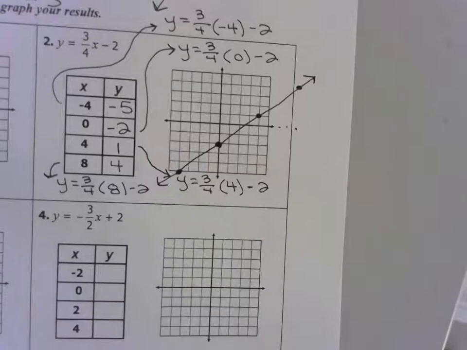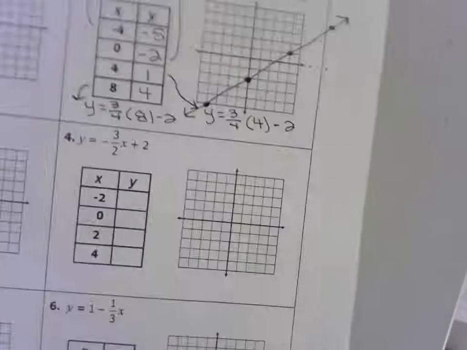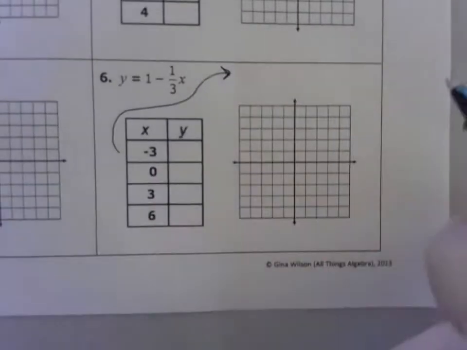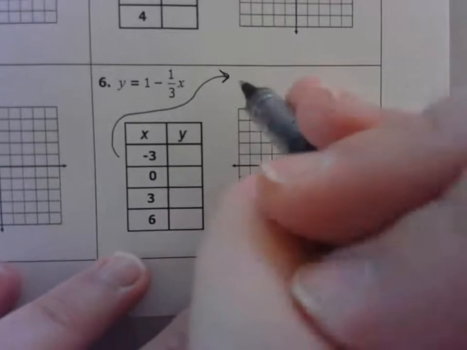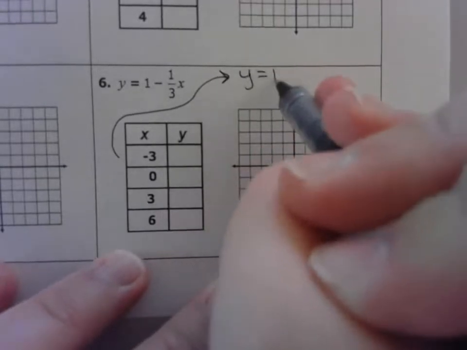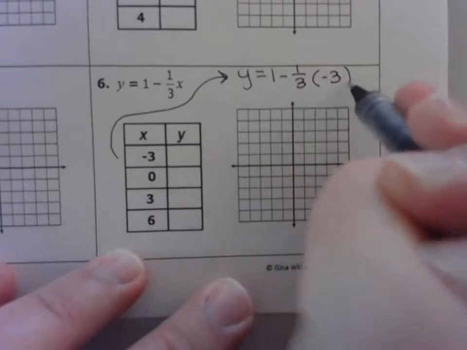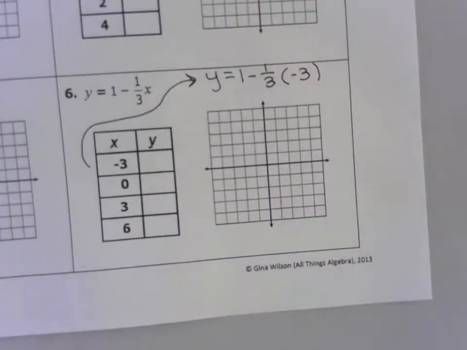Let's look at one more. Let's look at 6 real quick. Okay, if I look at 6, let's plug in -3 for x. 1 minus 1/3 times -3. Now, when you plug this in your calculator, it's flipped. The x is on the back, which is the same thing.